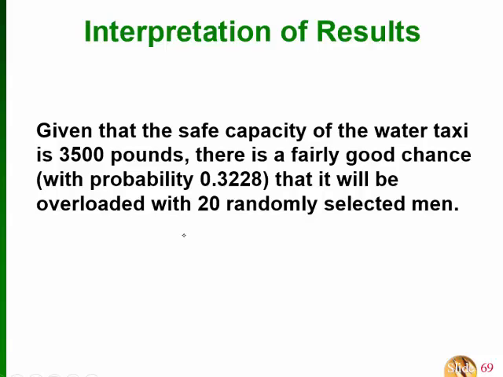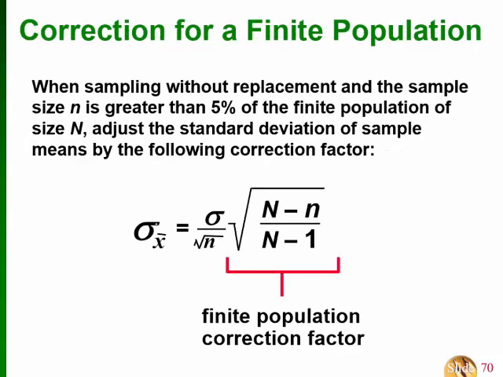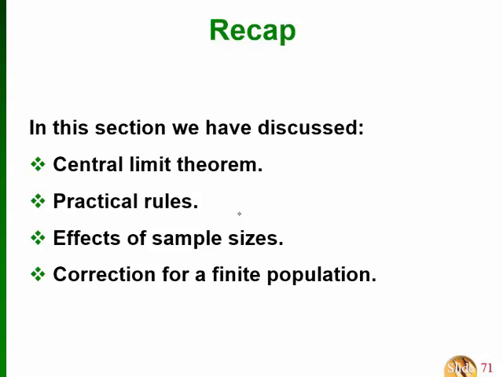All right. A few more slides here, or this one last slide that talks about the correction for a finite population. Sometimes they throw this in as a correction factor, but we don't have to worry about that. So that is the end of this chapter, and part of this stuff will be covered in the exam as well.